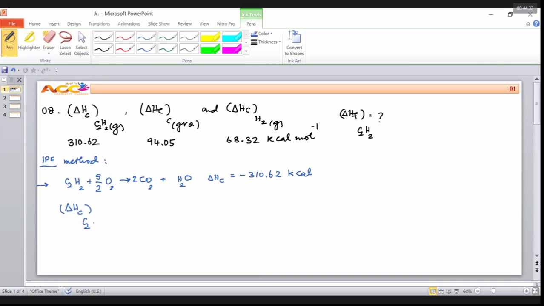Enthalpy of combustion of acetylene, C2H2. No, sir, it is enthalpy of reaction, is equal to, now come to the formula. What is that? Enthalpy of formation of products minus enthalpy of formation of reactants.